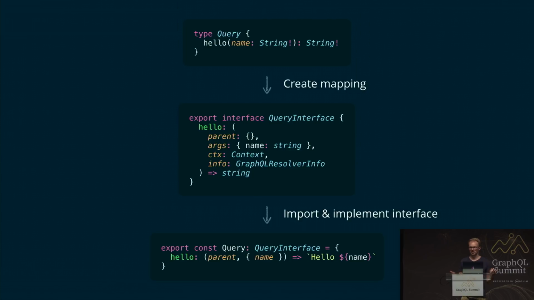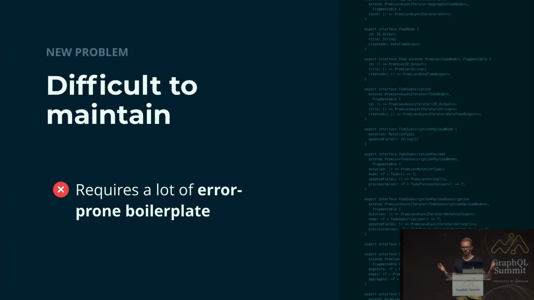So again, the idea is we would translate our GraphQL schema into TypeScript interfaces and implement them. But the problem is, if we do that manually, this is a fairly small GraphQL schema. If we did that for a more real-world GraphQL schema, we would end up with a huge file that we manually need to maintain.